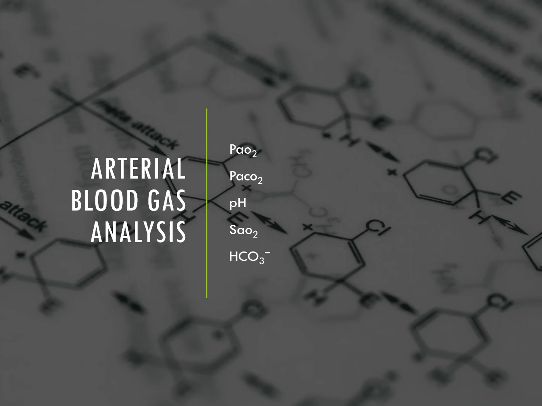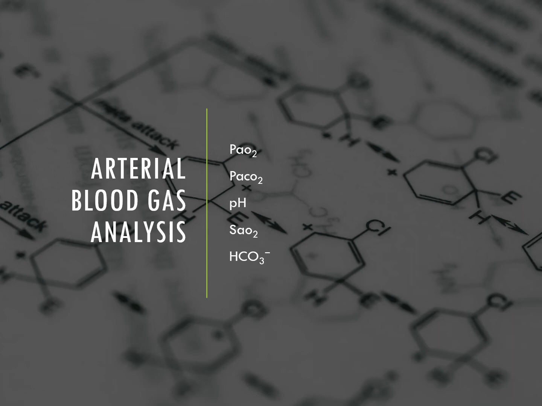PaCO2. This is the partial pressure of carbon dioxide in the arterial blood. The normal value is 35 to 45, and it indicates the amount of carbon dioxide in the blood. pH. This is an expression of the extent to which the blood is alkaline or acid. The normal value is 7.35 to 7.45.